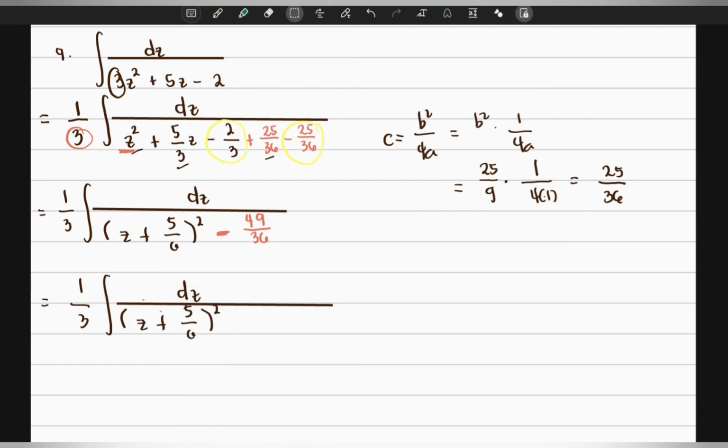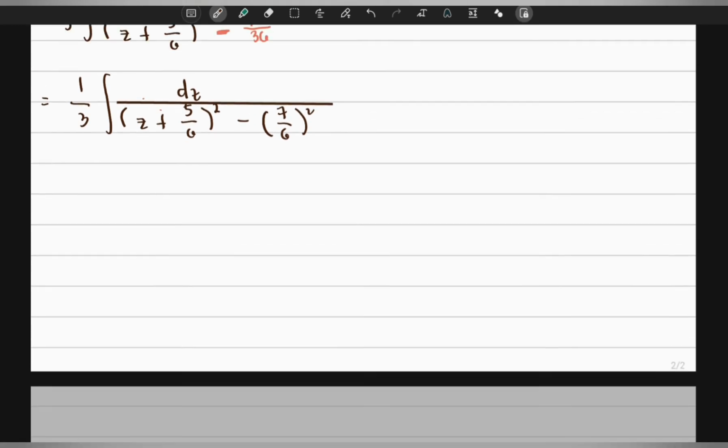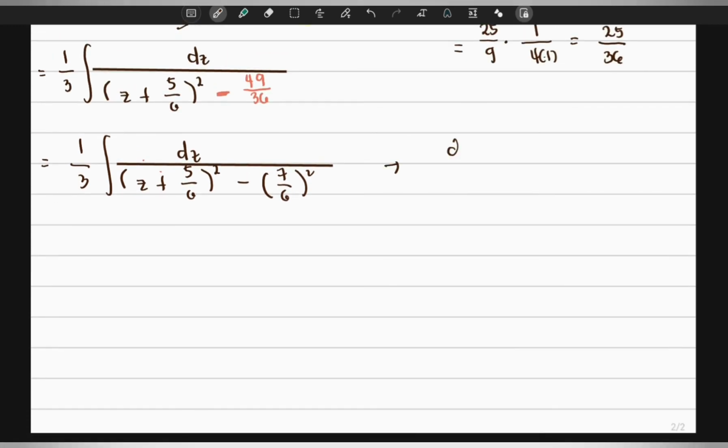Okay, tapos ito namang isa, that is equal to minus 7 over 6 quantity square. So, malinaw na malinaw guys na ito ay in the form du over u squared minus a squared kanina na isa. So, 1/3, madali na lang yan because pag yung u mo, z plus 5 over 6, so yung du ay dz. So, walang integrating factor kasi sakto na agad.